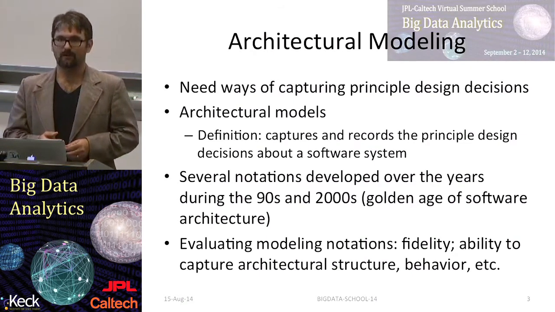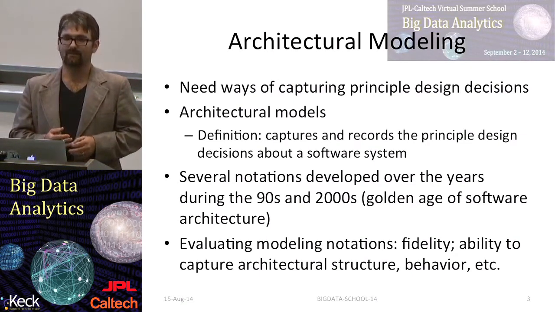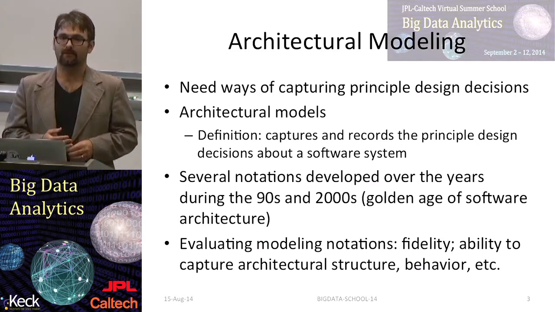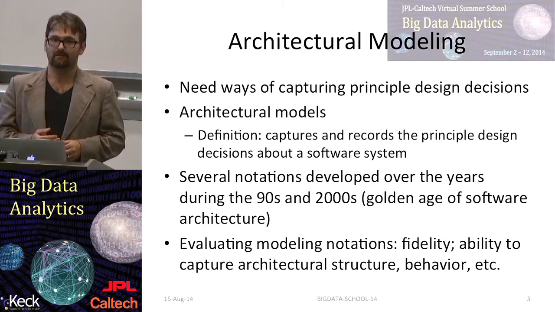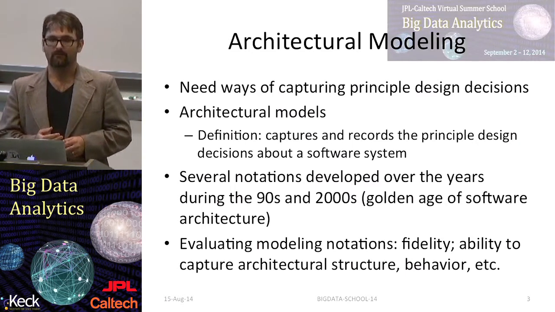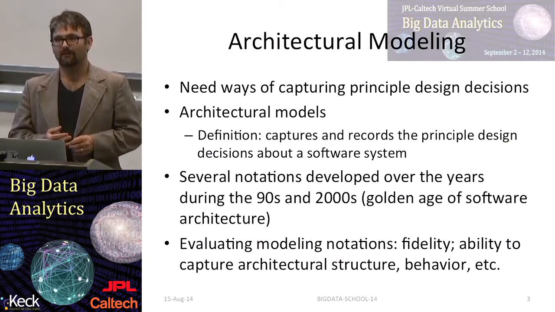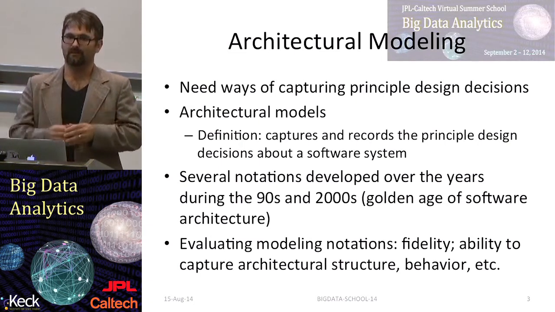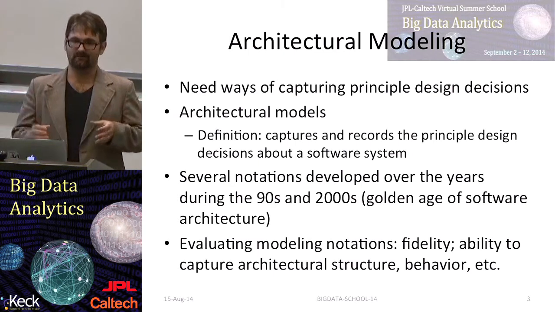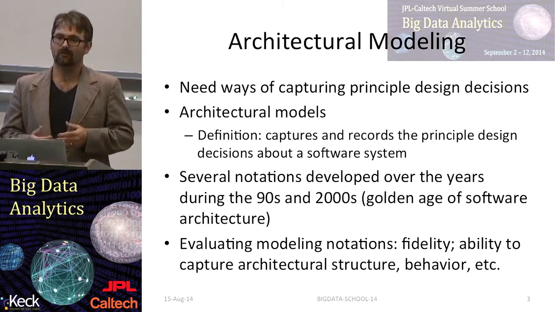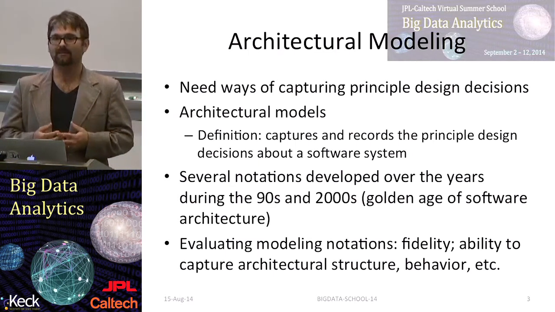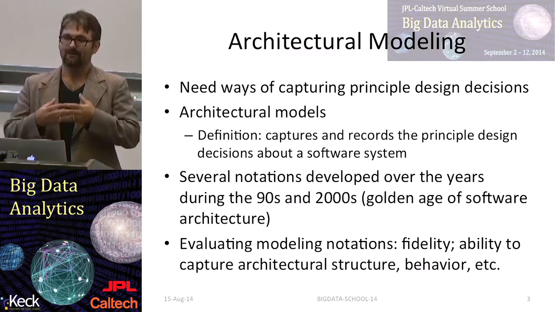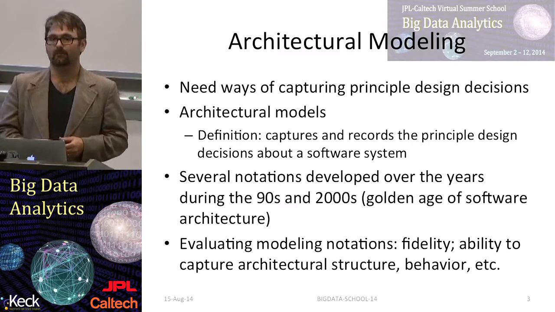So let's talk a little bit about architectural modeling. As I stated in the first part of this series on big data architecture, the Medvidovic, Taylor, and Dashofy definition of software architecture is the principal design decisions in a software system. So architectural modeling, within that context, is really the capture, or the recording, of those principal design decisions.